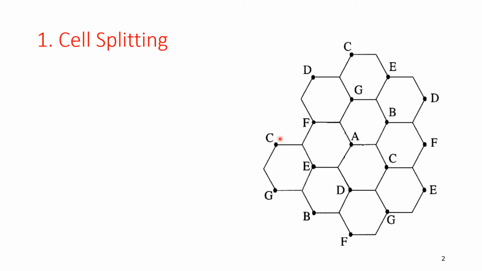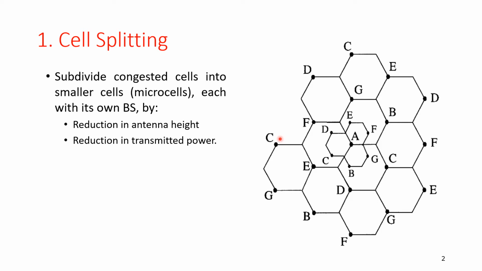Cell splitting. Cell splitting, as you can see in the following diagram, the idea is to subdivide congested cells into smaller cells, which we call microcells. Each of them will have its own base station.